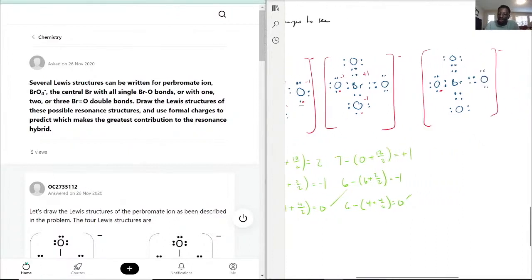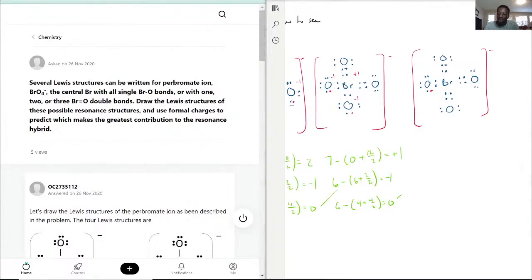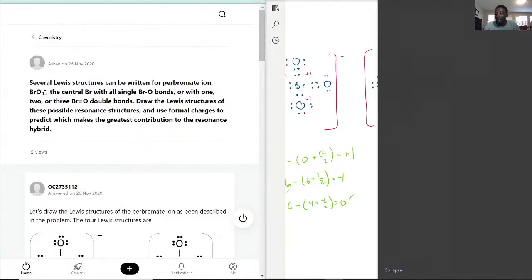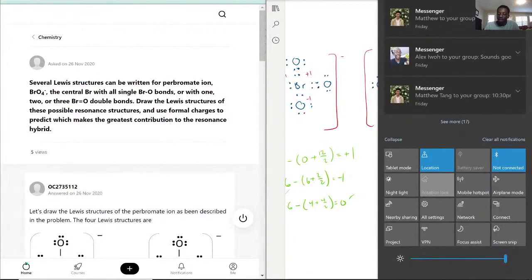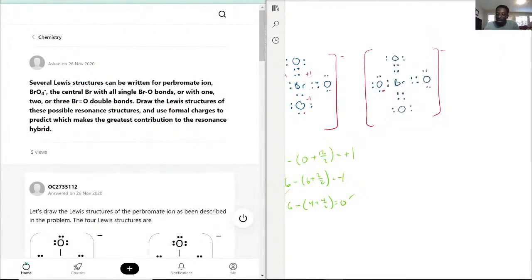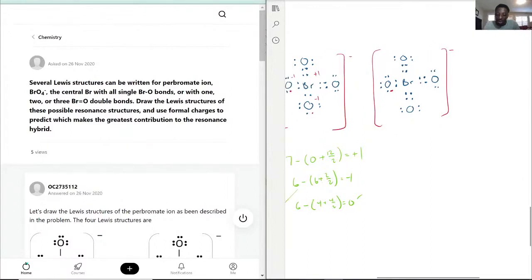So you probably already guessed the hint that with this bromine, yes, it broke the octet rule, but it actually prefers this simply because we want to make sure that, as we go through, bromine in this case is 7 minus 0 plus 12 over 2.